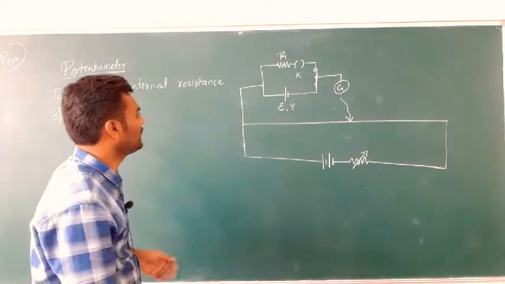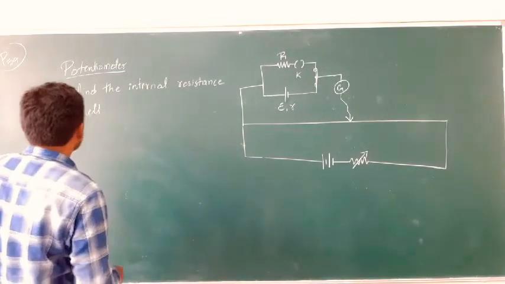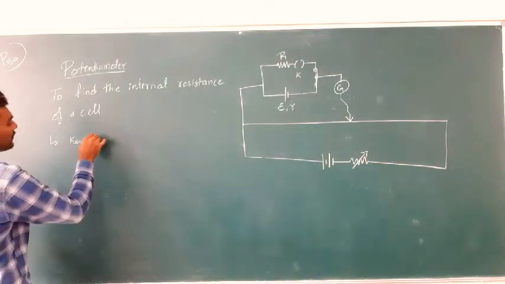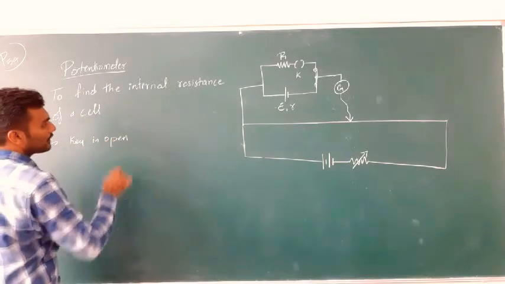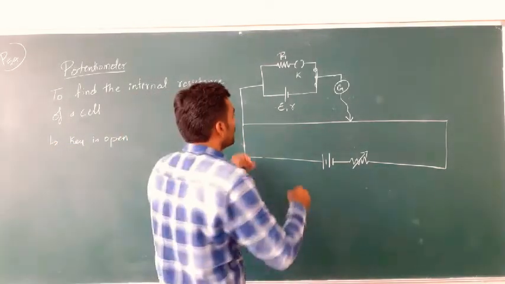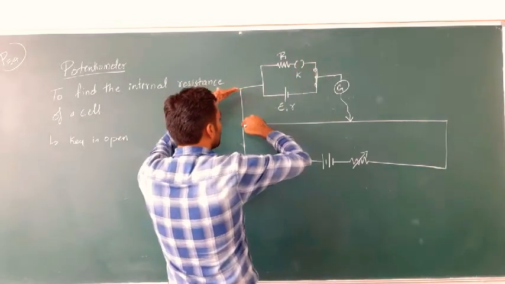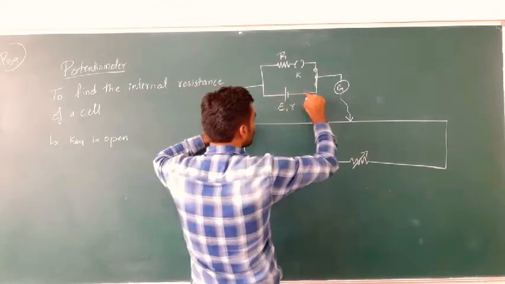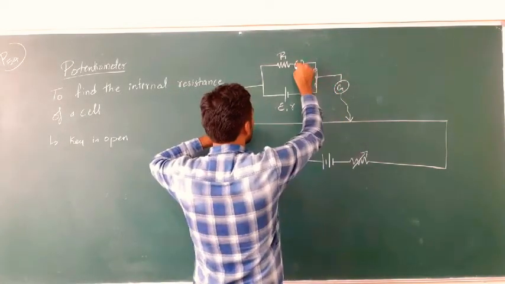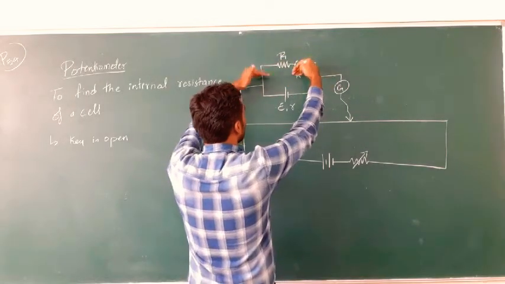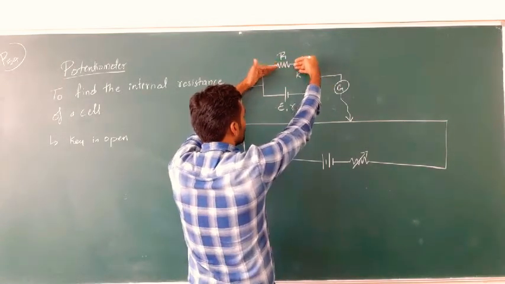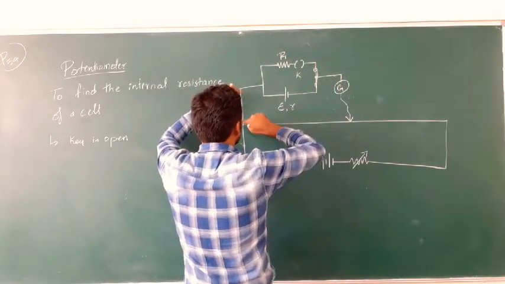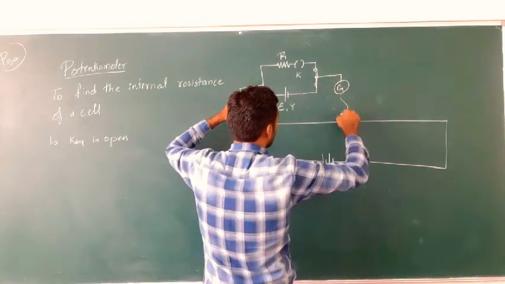Now, how do we find the internal resistance? In the first case, the key is open. When the key is open, the current in the secondary branch would be only through this part of the circuit. Since the key is open, there will be no current in the upper branch of the secondary circuit, but this part can have current.